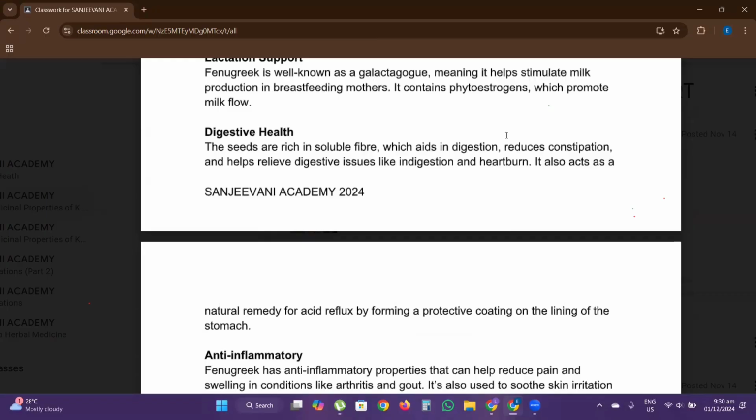And anything that helps with your digestive issues is going to help with indigestion and things like heartburn. And if you don't have that, you're probably not going to have acid reflux, because the fiber, the seeds, is going to act as a protective coating in your stomach, and you're not going to have acid reflux happening because of this protection.